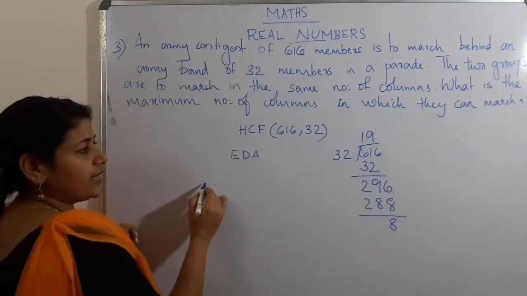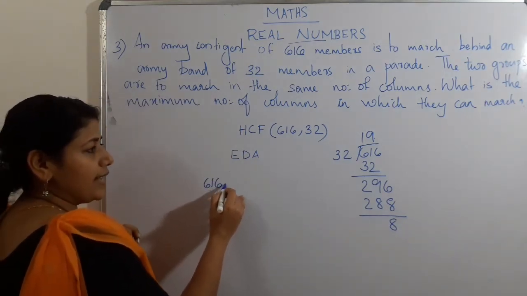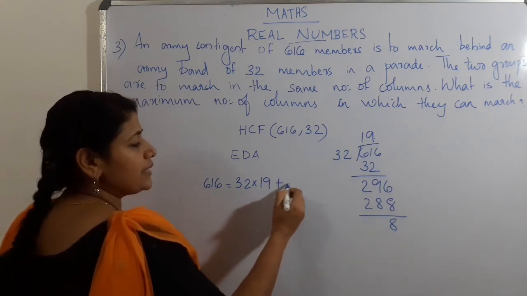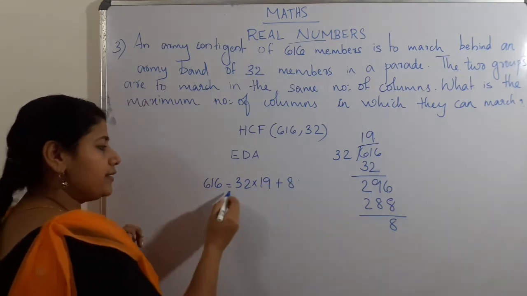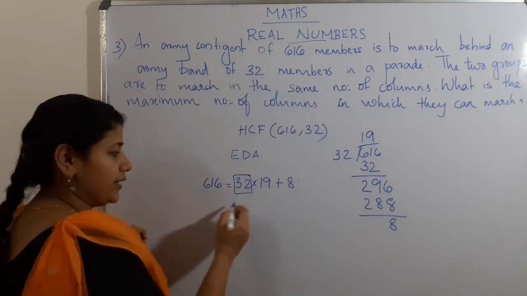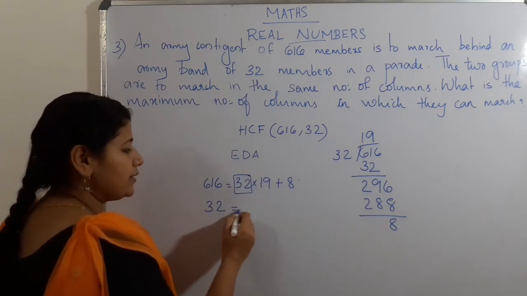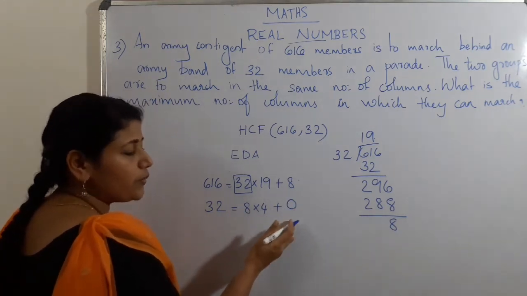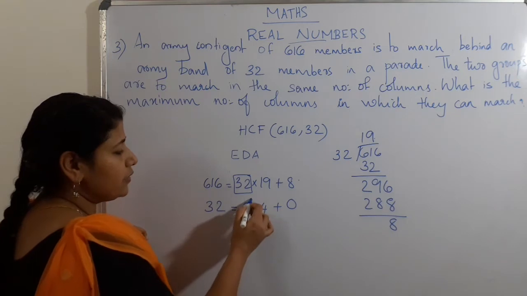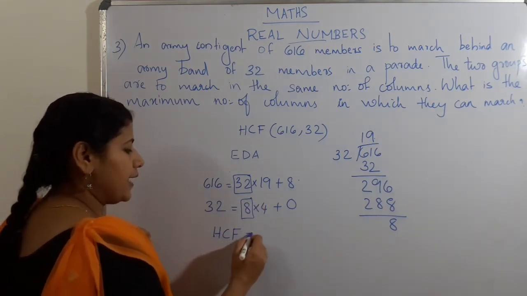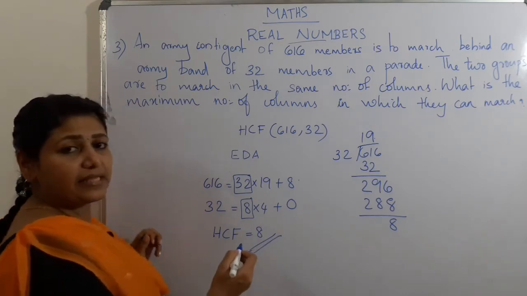Okay, so we can write 616 as 32 into 19 plus 8. Again, this 32 should be written as a multiple of 8. It is 8 into 4, that we know. And the remainder is 0. So we are stopping here and we found the HCF as 8. So there will be 8 columns.